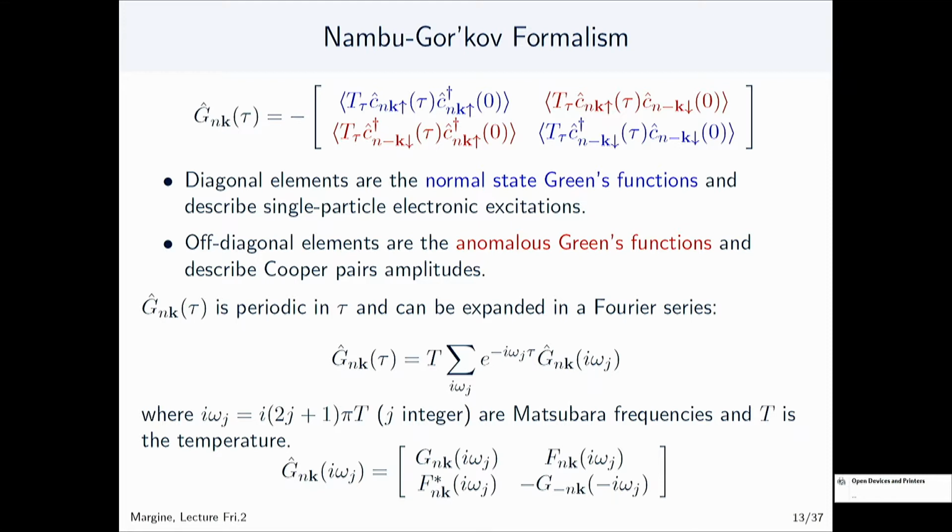These are just discrete values, integers of j, and they depend on temperature. So this is how temperature effects are introduced through the Green function. The larger the temperature, the farther apart these imaginary frequency points will be on the imaginary frequency axis.